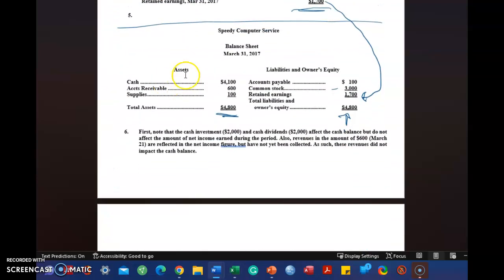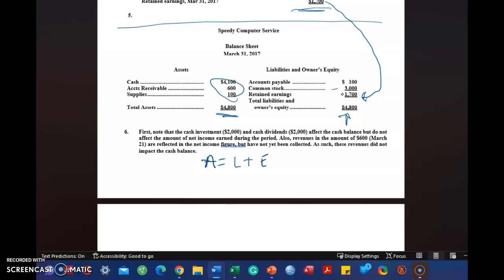But let's look at it one more time. Here's your assets, the first three lines from the trial balance. They total up to be 4,800. The second two lines are accounts payable, which is the only liability, and common stock, which is 3,000. And that's equity, and retained earnings, which is 1,700. So it might be helpful to recall that assets equal liability plus equity.